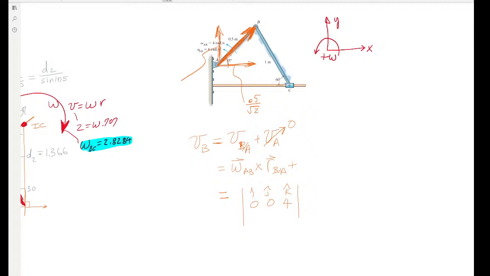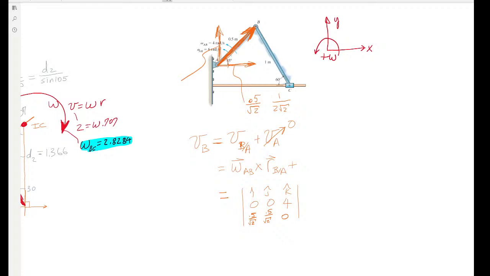Okay, so, or 1 over 2 square root of 2, which I don't know which one to do. So I'm just going to put in 0.5 over square root of 2, 0.5 over square root of 2, and I'm going to leave it like that.